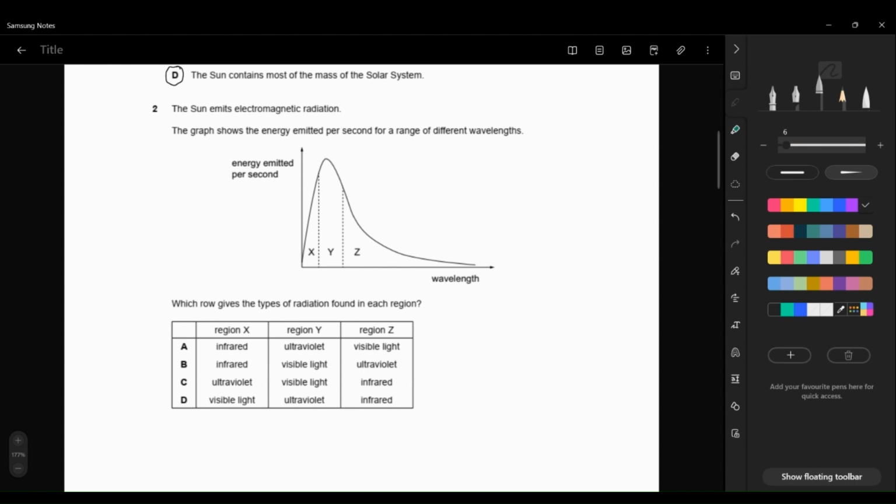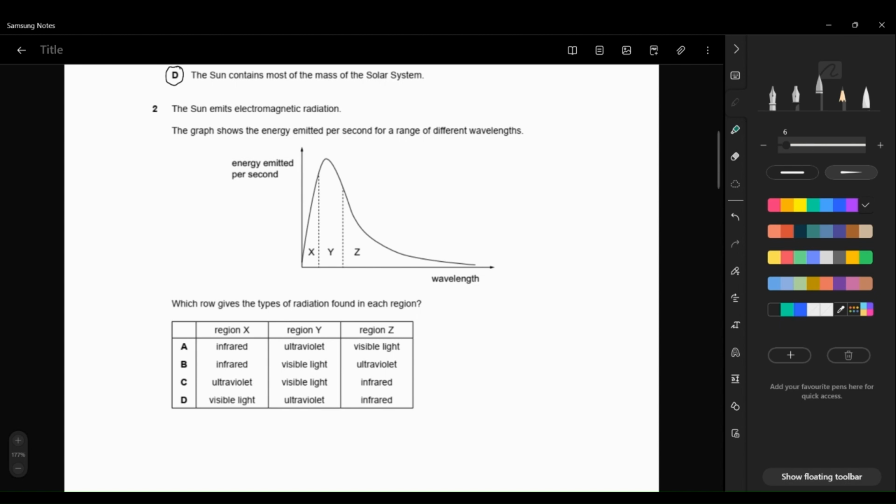This is a question that could be on the chapter of light. Because what you need to know is the relative position of these three areas of the electromagnetic spectrum, the infrared, the ultraviolet, and the visible light, in terms of their wavelength. And you should know that from these three, the one that has a higher wavelength is the infrared, the one that has a shorter wavelength is the ultraviolet, and in between you have the light.